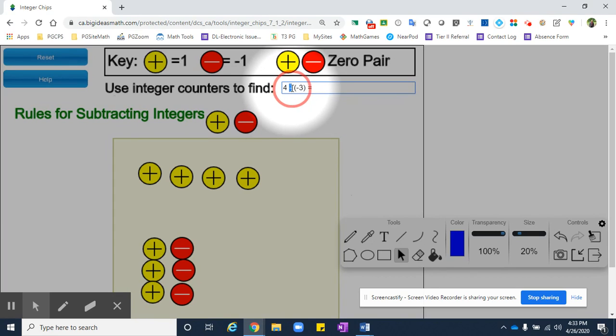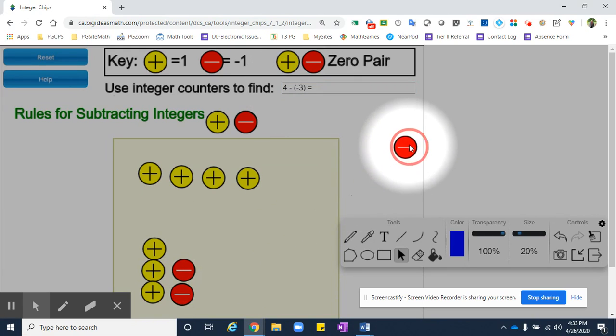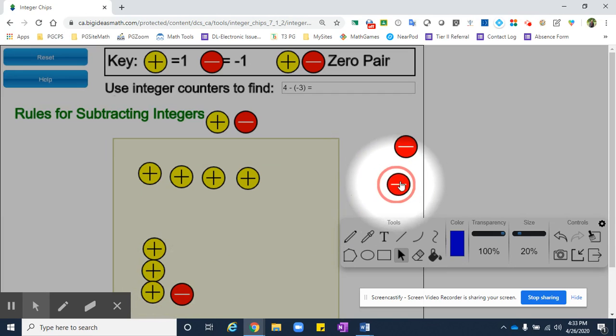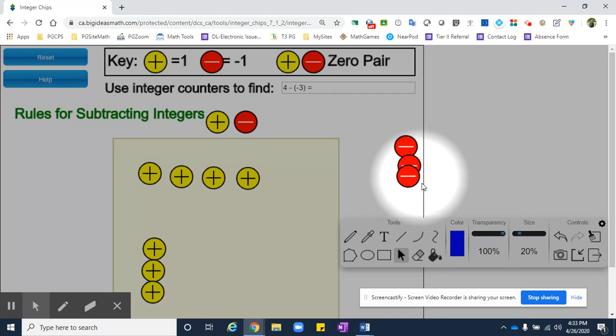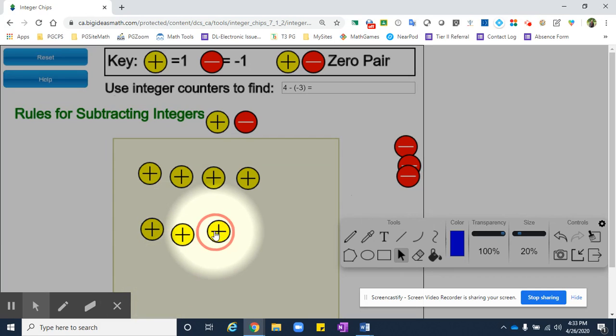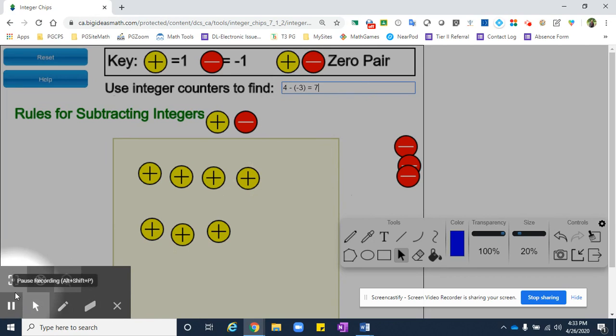Yes, we can. We take away 1 negative, the second negative, and the third negative. Now, how many counters are left, and what are the colors? They're all yellow counters, and there are 7 left. So that means 4 minus -3 is equal to 7 yellow counters.